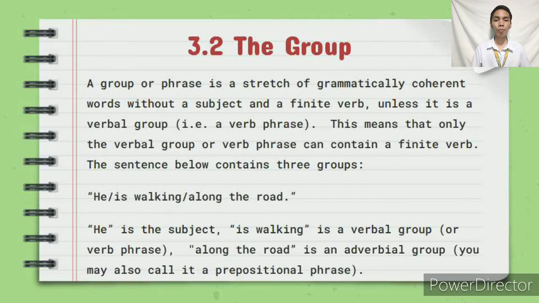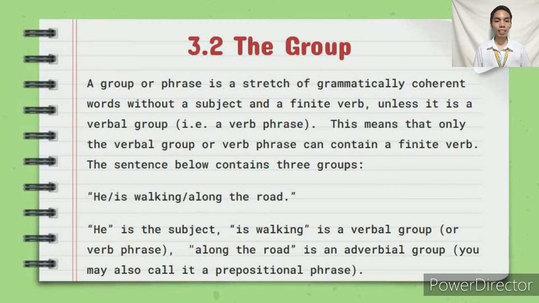First, he is walking along the road. So in this sentence, our group or phrase does not contain a subject and a finite verb, unless it is a verb phrase, and of course it would have a verb.